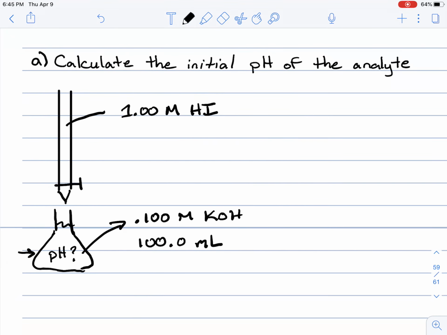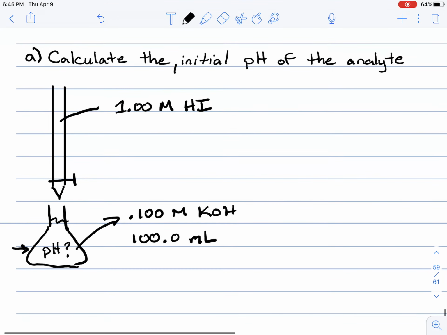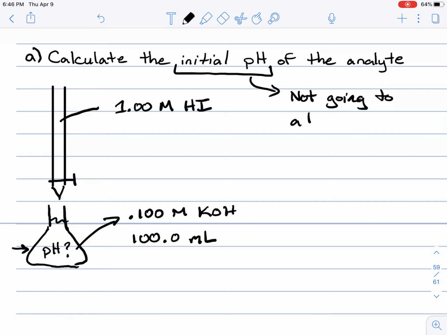So we're going to calculate the initial pH of the analyte. Since we're trying to determine the initial pH of the analyte, we know that we're not going to add any titrant.